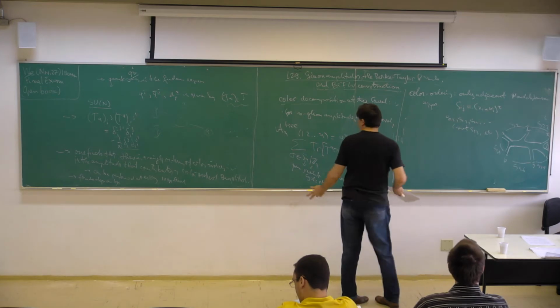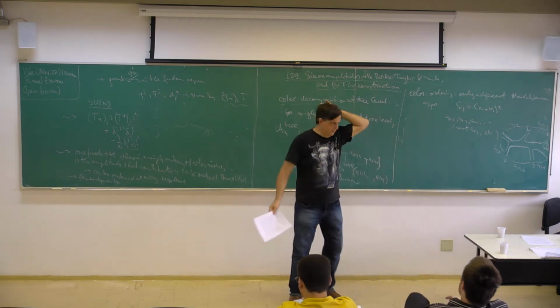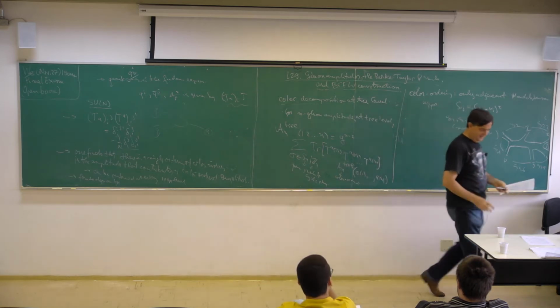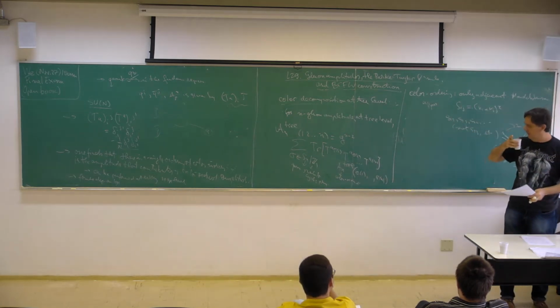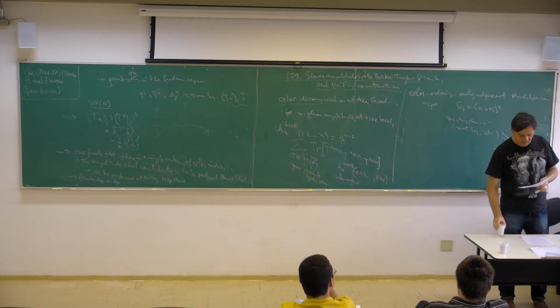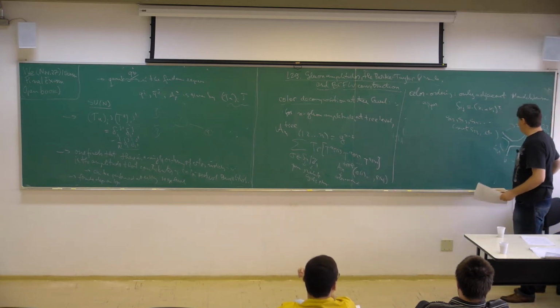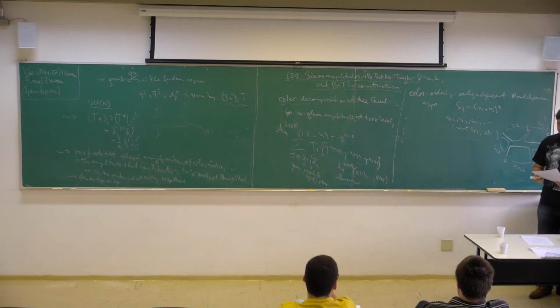All of this is somewhat confusing information, lots of definitions, but unfortunately they're needed to start describing things, so I'm sorry about the overload. But now that we've defined these things, let's start thinking about what to calculate. Obviously we need to calculate the color ordered amplitude.